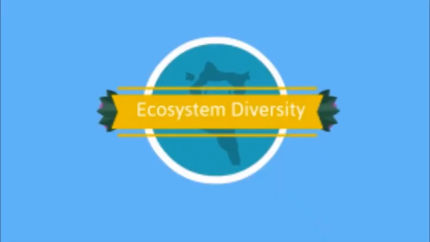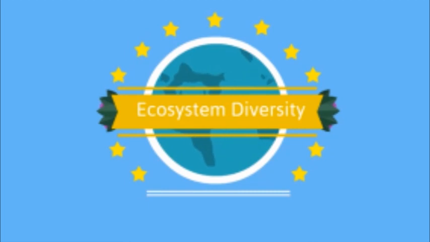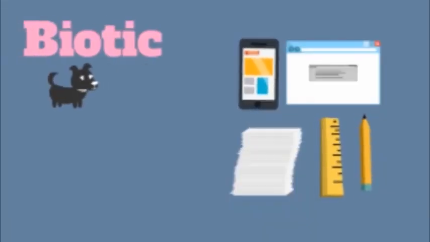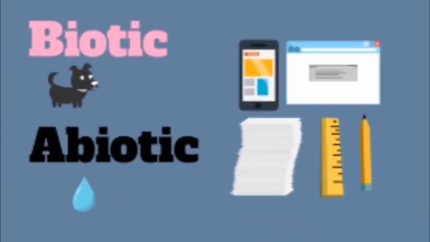And finally, ecosystem diversity is the variation in the ecosystems found in a region or the variation in ecosystems over the whole planet. It is a measure of the variety of biotic and abiotic factors present in an ecosystem.